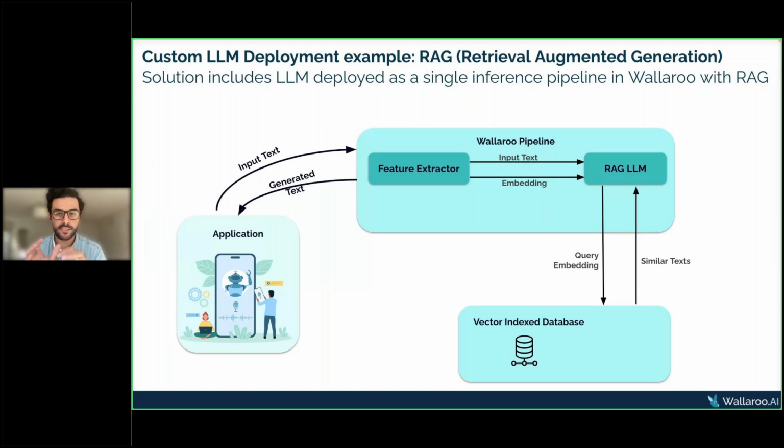So Wallaroo, from a platform perspective, enables a customization framework that allows these RAG pipelines to be deployed as a single inference pipeline using Wallaroo, with a tight integration with the end application, where that will be powered by the LLM, as well as the underlying vector database in the customer's ecosystem, to make sure it's drawing from the relevant data, while also building automation to continue to enrich these vector databases with appropriate context, using things like embedding models.